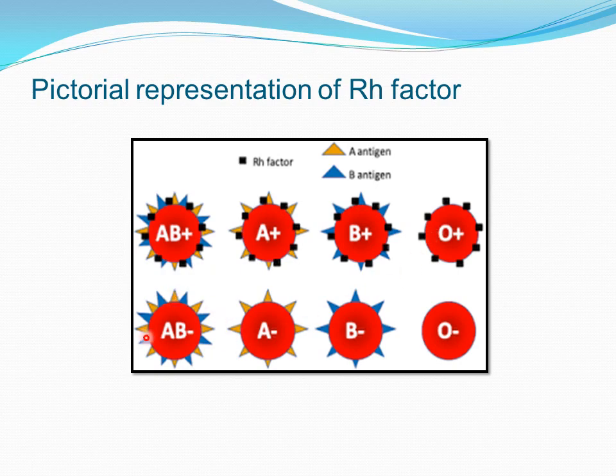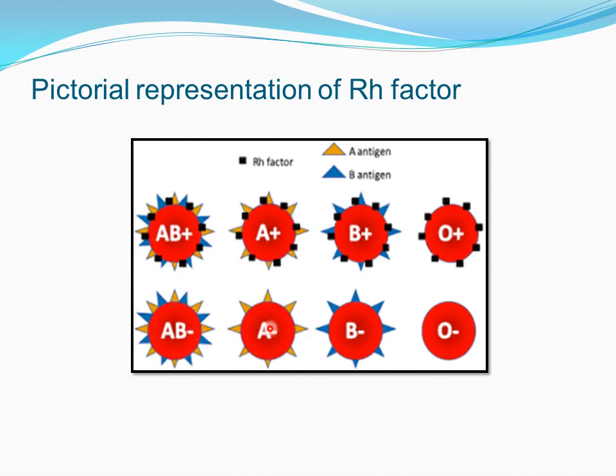Whereas when we come down to the negative blood groups, that is Rh negative, these only have the A and B antigens, but there is no Rh factor present on the surface. So in the AB group, we can see only the A and B antigens.